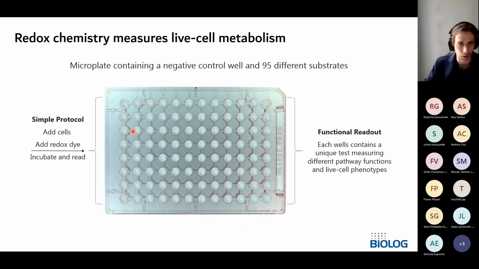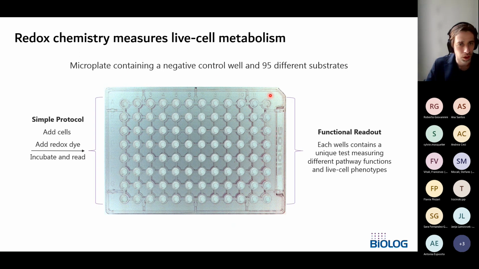So you may have a sugar in well A2, an amino acid in well E3, and so on. All different wells contain a different compound.